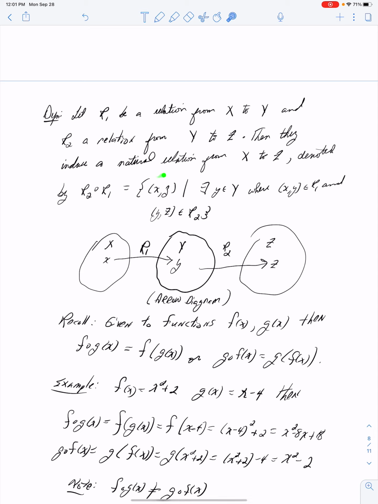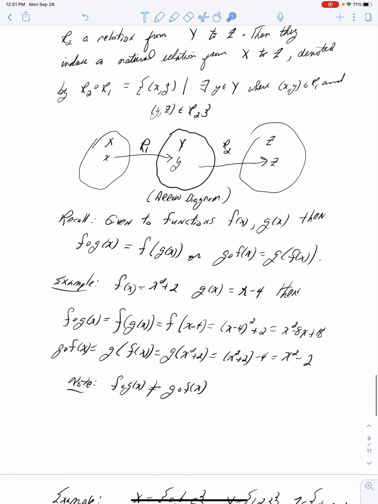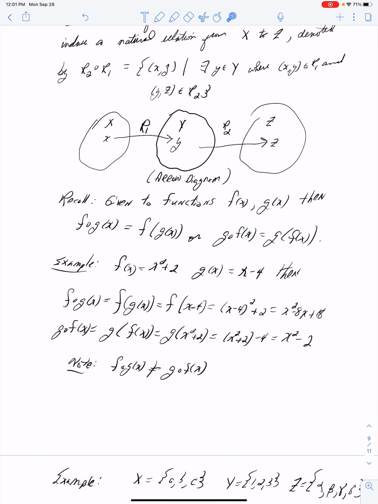It's the set of ordered pairs (x, z) such that I can find something y in Y where (x, y) is in R1 and (y, z) is in R2. I'm going to draw a diagram to show what's going on. R1 is going from X to Y. R2 is going from Y to Z. And the composition, R2 composed with R1, starts at X and ends at Z.